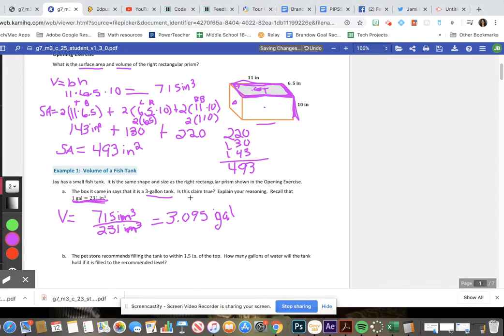So is this claim true? It says it's a 3-gallon tank. Well, it's a little bit over 3 gallons, but if maybe they were rounding to the nearest whole number, that would be true. So yes, if rounding to the nearest whole number.